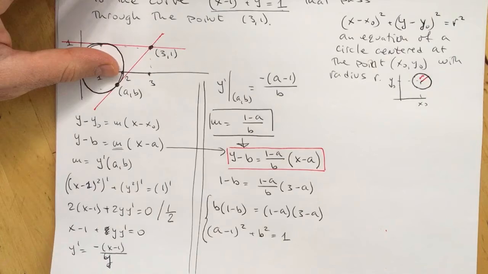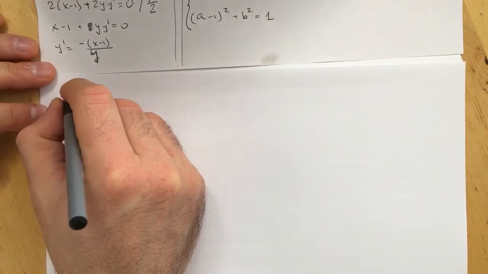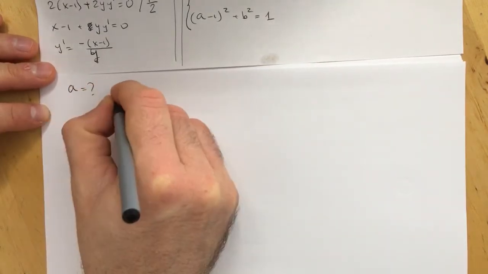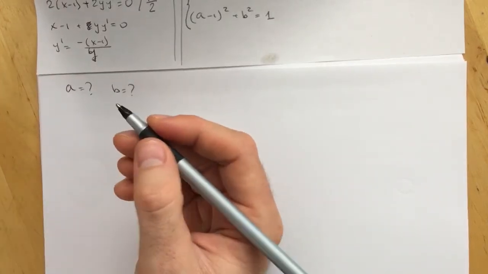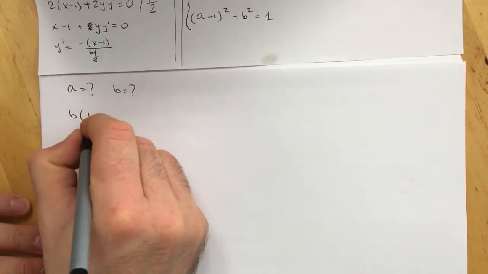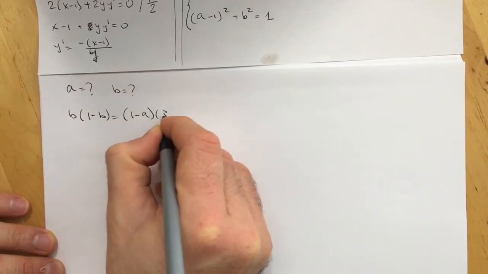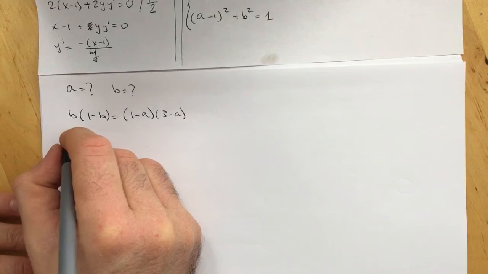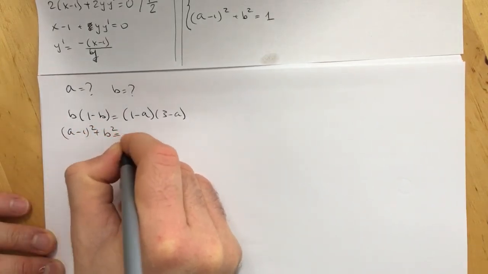Okay, so let us see how we're going to solve this system. Again, I'm going to repeat, we reduce this problem to solving for A and B, where these two equations are given. B times 1 minus B is equal to 1 minus A times 3 minus A. And A minus 1 squared plus B squared is equal to 1.